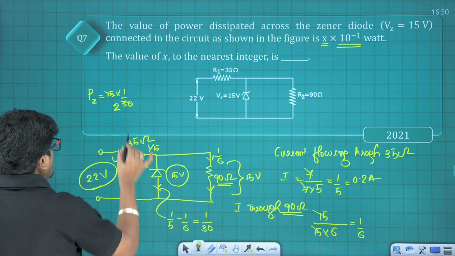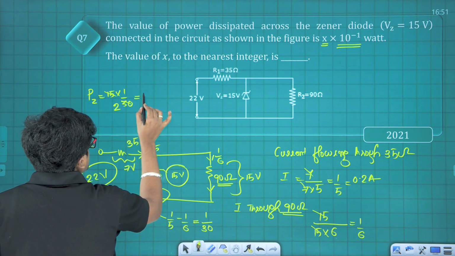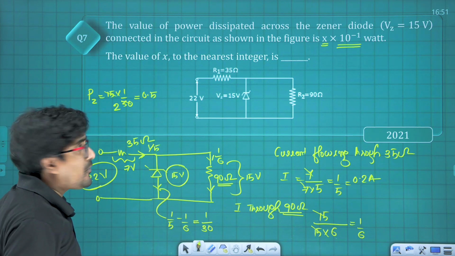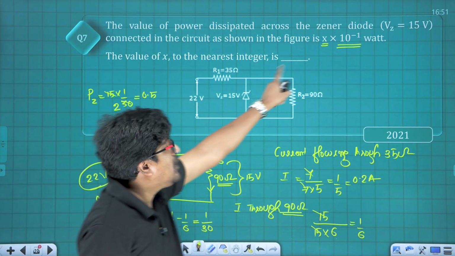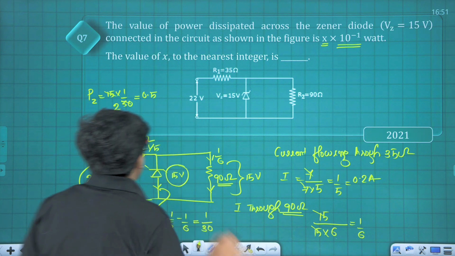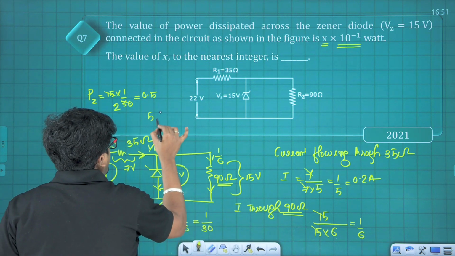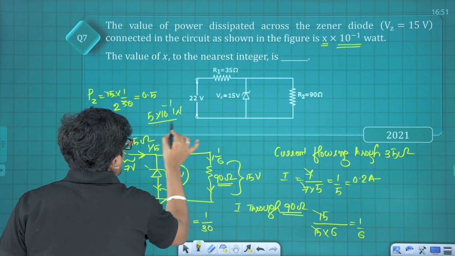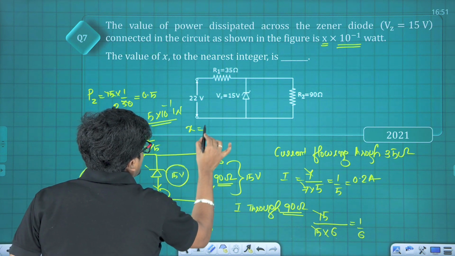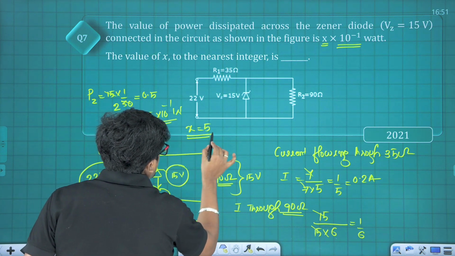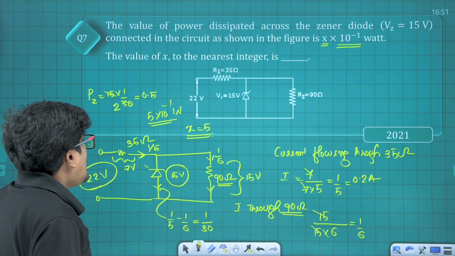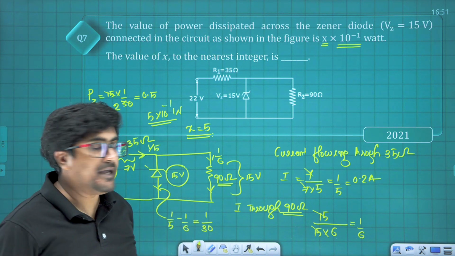Here this is supposed to be 0.5, and we have it as 5 into 10 to power minus 1. That means the answer is 5 into 10 to power minus 1 watt. That means X is supposed to be 5 here. That's the final answer. Now let's move to the next, that is question number 8.